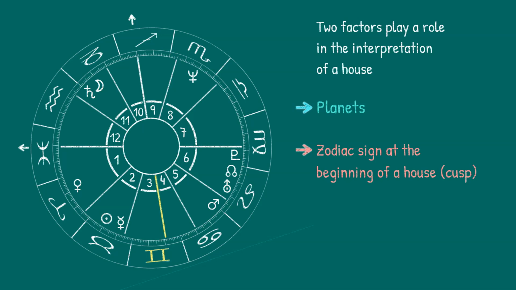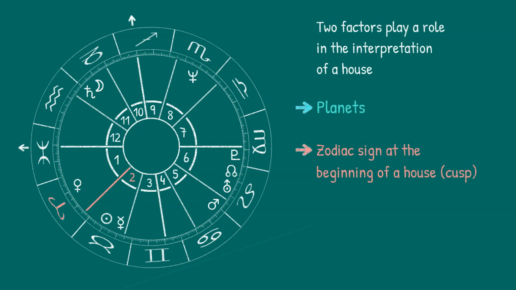For now, let me demonstrate it again with the 2nd house in George Clooney's chart. As we saw earlier, the 2nd house cusp in his birth chart falls into the sign of Aries. And maybe you remember that being motivated is one of the characteristics of Aries.